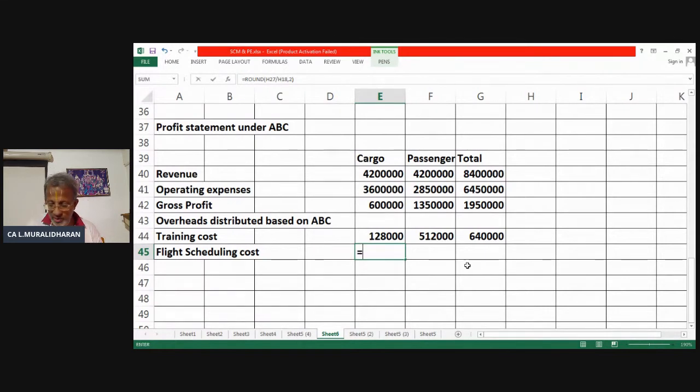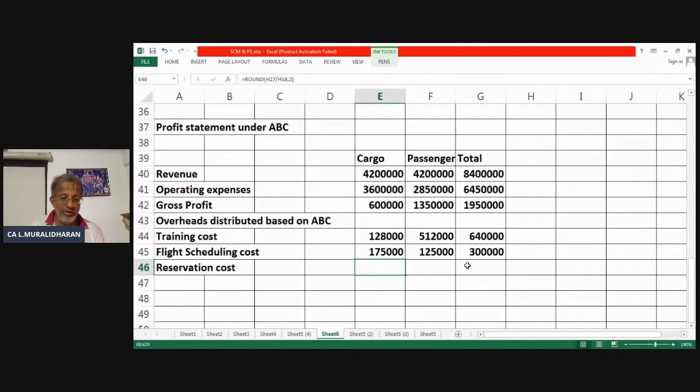Flight scheduling cost is 3 lakhs multiplied by 350 divided by 600. Similarly, 3 lakhs multiplied by 250 divided by 600. So 3 lakhs. Then reservation cost.